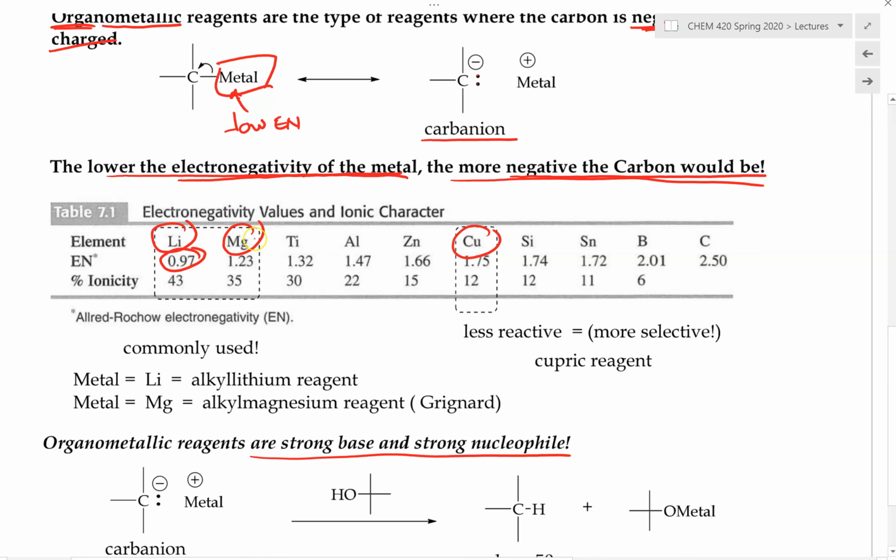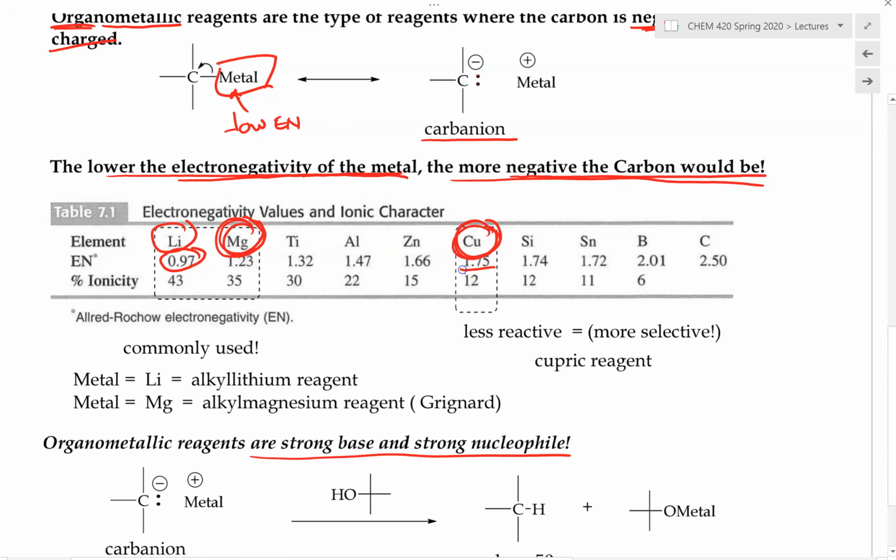If we have a metal instead of lithium, and now we have magnesium, magnesium has a higher electronegativity than lithium. So in this case, an organometallic reagent involving magnesium would not be as reactive compared to the organometallic reagent consisting of lithium. Now, another type of metal that is very common in organometallic reagents is copper.